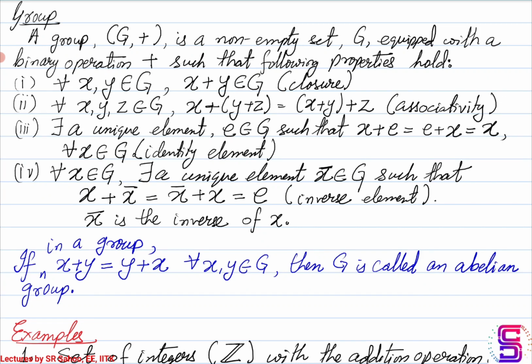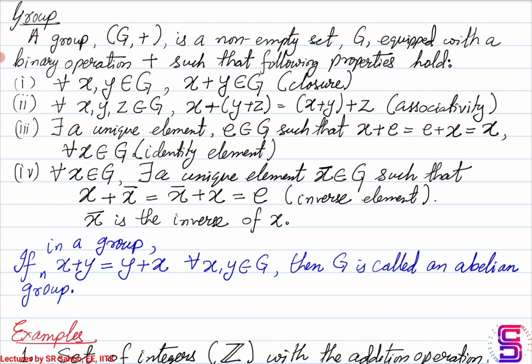Now if you notice, there is one particular property that is not included in this set, and that is something you have heard of: commutativity. Which essentially means x operated with y is the same as y operated with x under the binary operation that has been defined. This need not hold for a group in general.